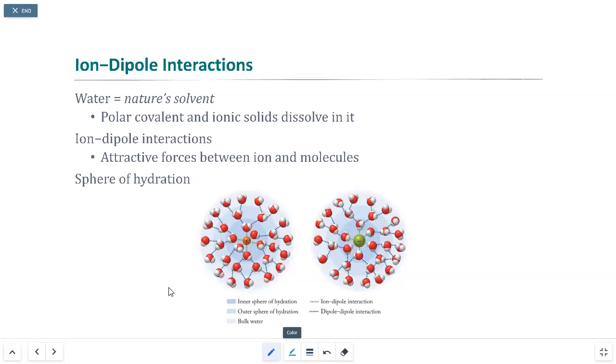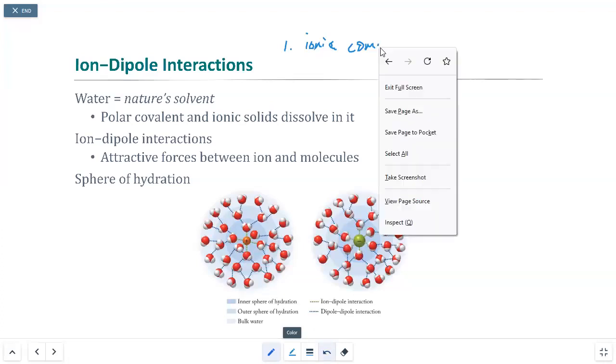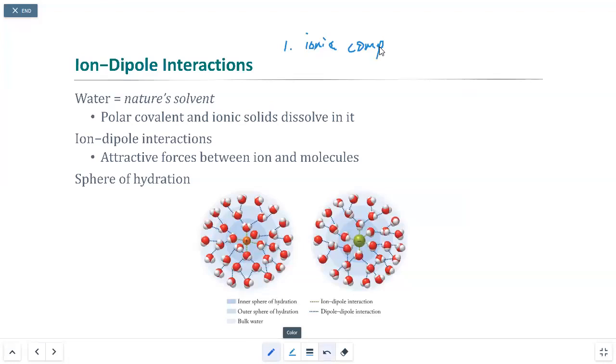And so naturally, what you would expect out of an ion-dipole interaction is you have to have an ionic compound and you have to have some kind of a polar solvent.